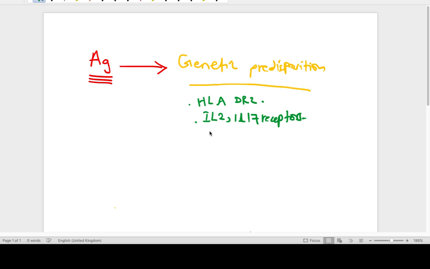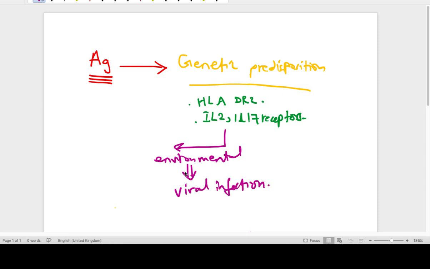So the disease occurs in genetically susceptible individuals, but not every genetically susceptible individual will have the disease. We need an environmental trigger. And we think probably viral infections are the environmental trigger that start the process.